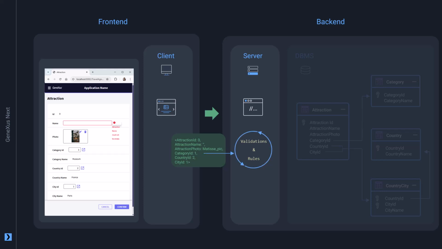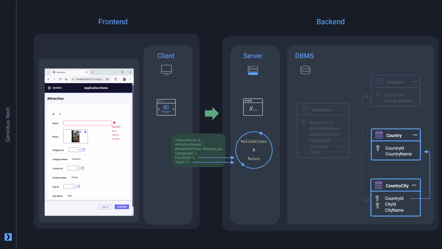When this first foreign key is reached, the integrity check is performed again and the category name is retrieved and saved to be returned to the front end upon completion. And then the next foreign key is checked, this time a composite one. If found, the country name and city name values are retrieved and are also saved to be returned later to the front end.